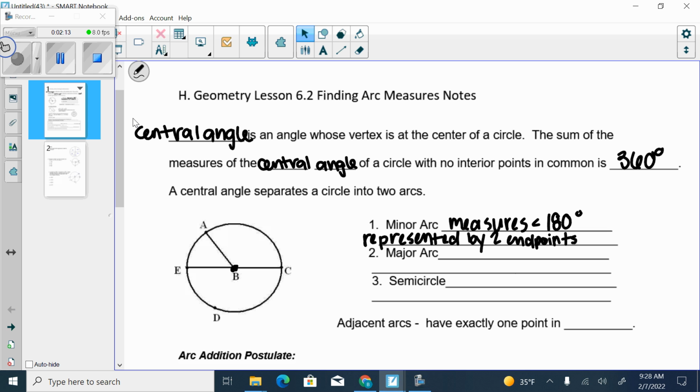Remember, your endpoints are just letters, like A and C would be points that you could be referring to.